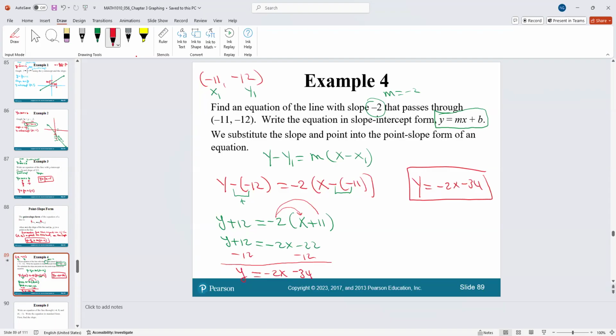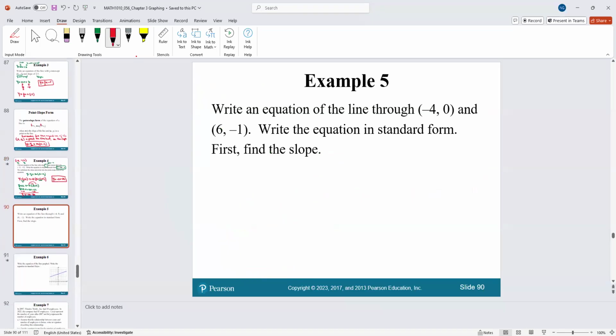Now that you know how to write an equation in slope-intercept form, you can identify the slope and the y-intercept. We need to remember also, when we write an equation using two points, like in these examples, remember x1, y1, and here we have x2, y2.